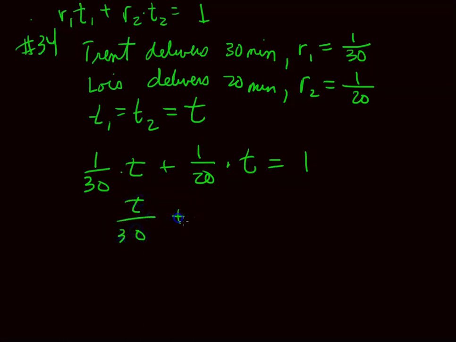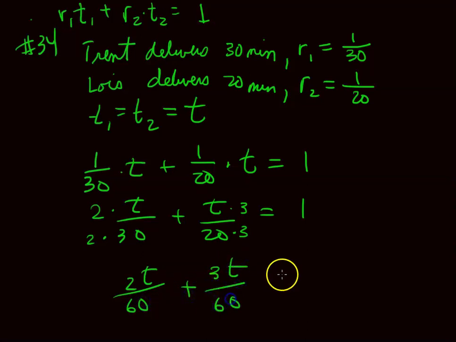So T over 30 plus T over 20 equals 1, but we'll write it as 1 right now. If we get a common denominator, though, let's see, times 2 to get 60, and times 3 to get 60. So this is really 2t over 60, and this is 3t over 60. Now you can have it equal to 1 if you want to, but we can write 1 as 60 over 60.